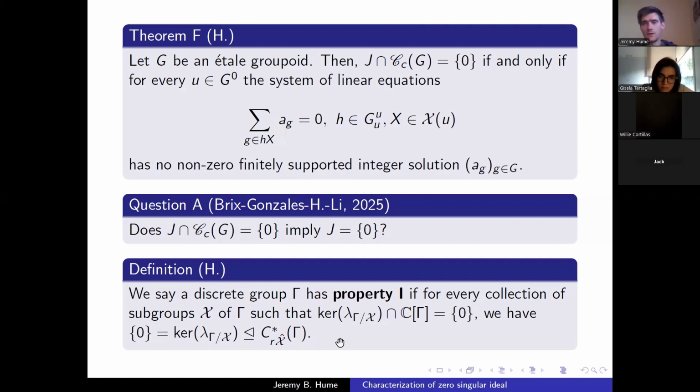It's like whether you can detect if these certain ideals are zero based on the group ring. So that's property I.